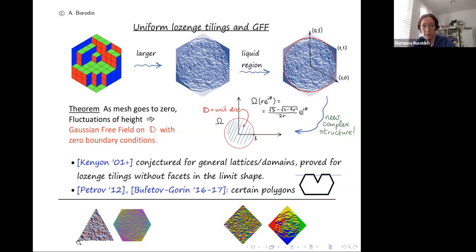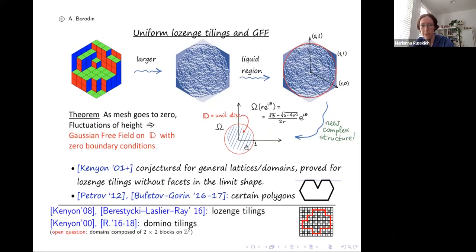And for the flat case, what is known, there are some results. The first was given 20 years ago. Kenyon proved the convergence for so-called Temperleyan domains, which give flat boundary conditions of the height function on the square lattice.